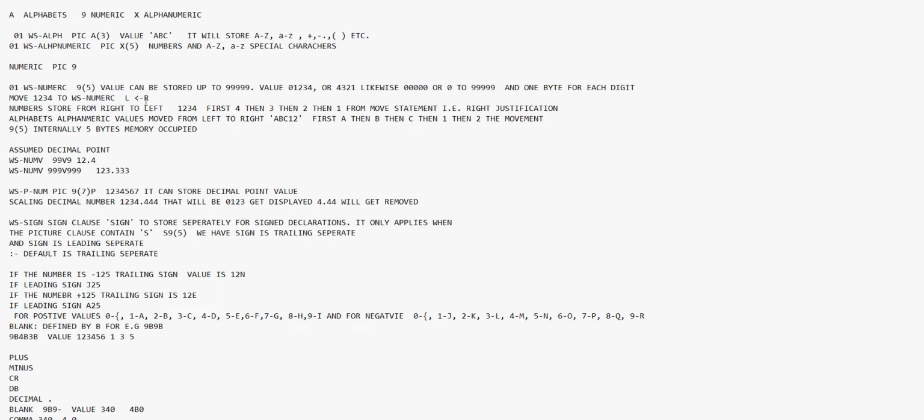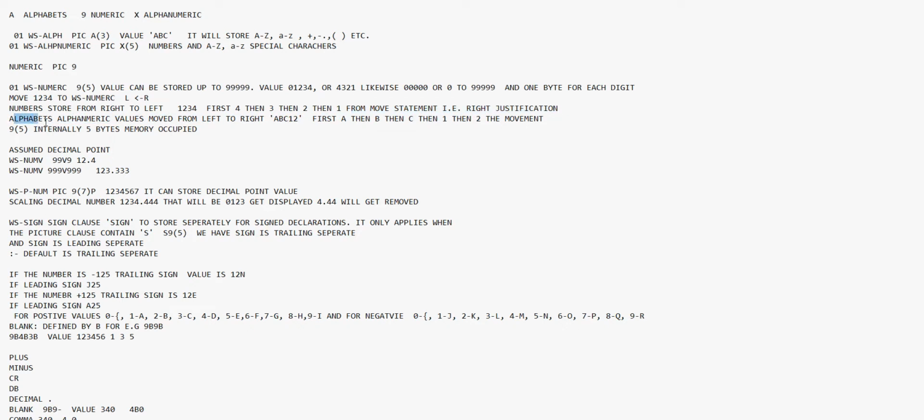Remember this one, the way it is moving data. So for 1234, it will store first 4, then 3, then 2, then 1. That we call right justification.